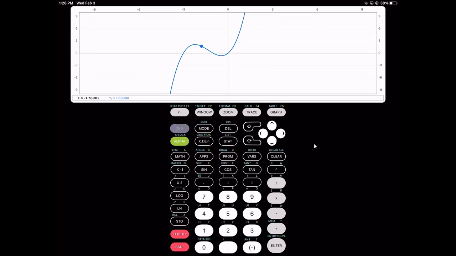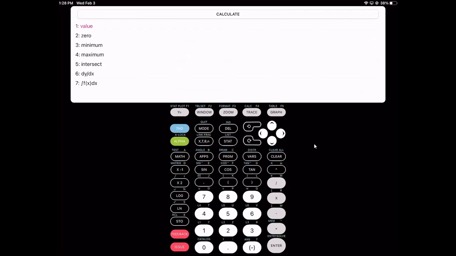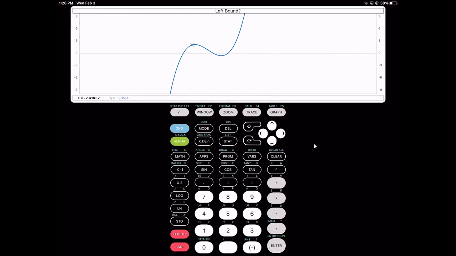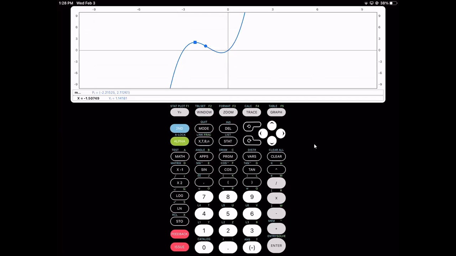So to do this, remember, you press second trace. In this example, I have a maximum and a minimum. I'm going to find the maximum first. So you should see your X. You might have to move your cursor using the left or right buttons until it's on your screen, but you want to make sure that this X is to the left of your maximum when it says left bound, and when it says right bound, you want to make sure your X is to the right of it.